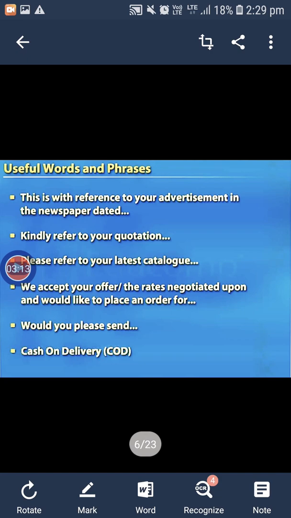Useful words and phrases. This is with reference to your advertisement in the newspaper dated. This is a common phrase that we can use in the order letter. Secondly, we can also use kindly refer to your quotation.